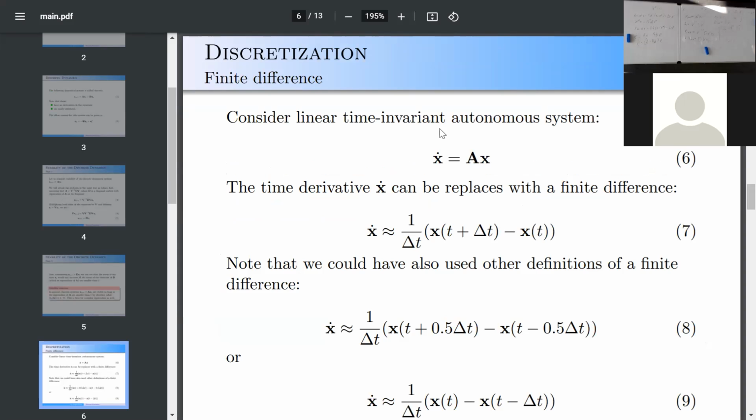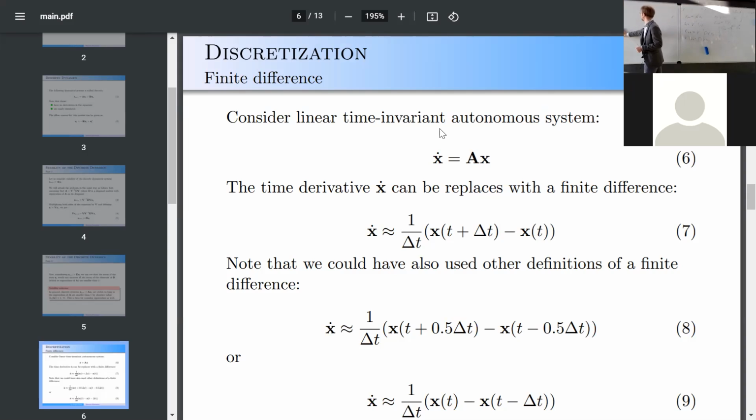Well, the first approach is to discuss discretization. So let me try to write it. Discretization. Let's say we have our familiar differential equation, x dot equals A x.